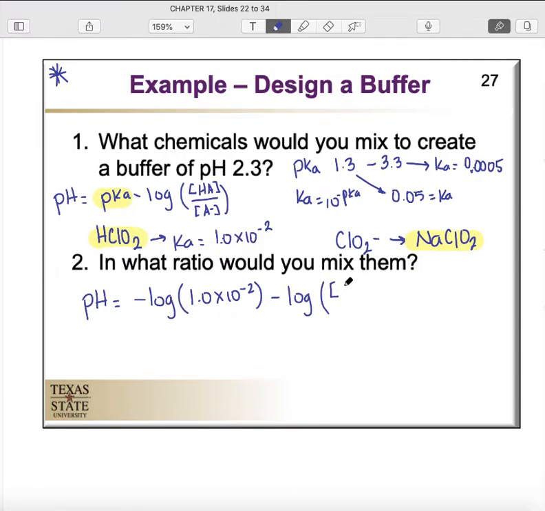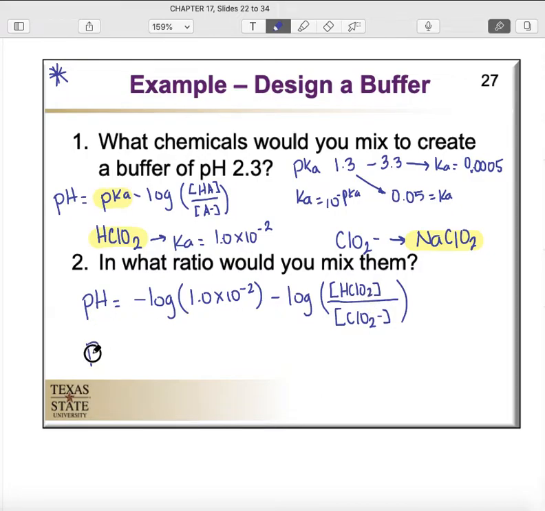So here's going to be the concentration of the HClO2, which is my acid, divided by the concentration of the conjugate, which is the sodium chlorite, or I'm going to put it as ClO2 minus, basically the conjugate of it. And so my job is going to be to solve for this ratio right now.